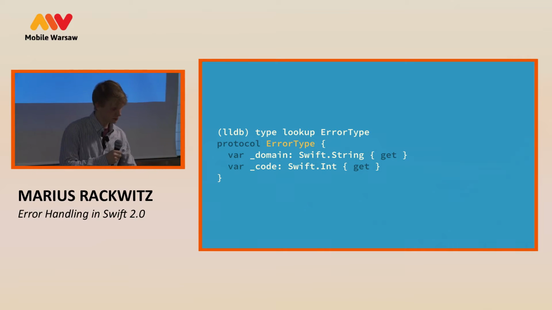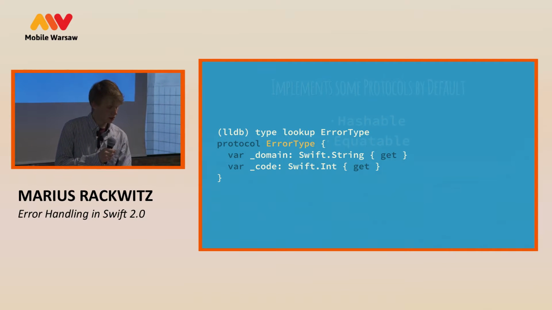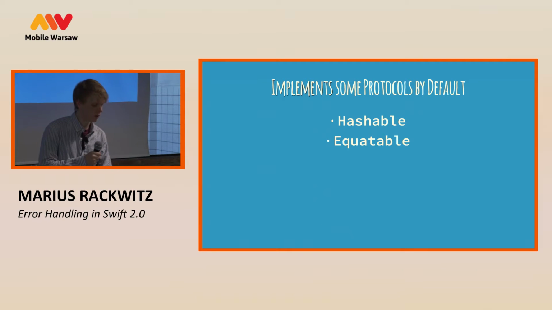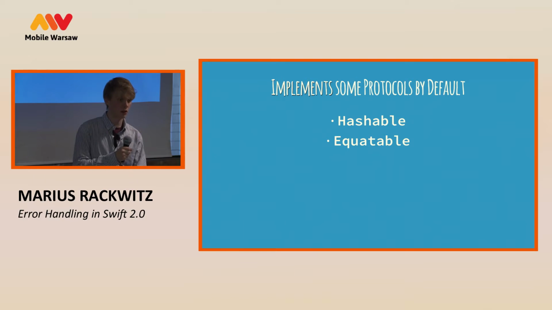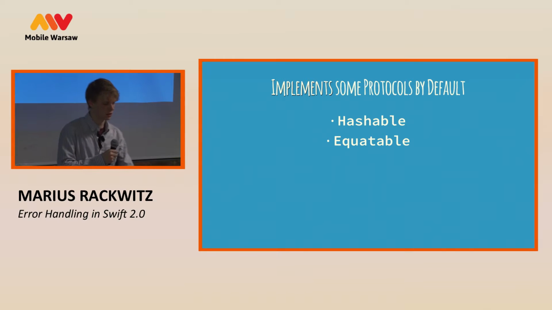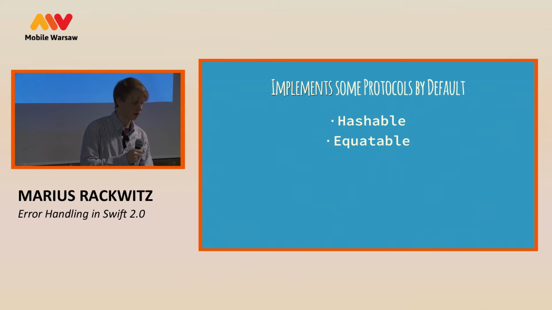And beside that, there's a little more about the Error type, which you can find out if you take a look into the disassembly of some code which uses and defines Error types. Error types are always hashable, which means that they are also equatable.